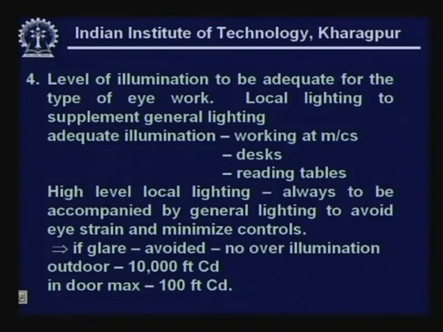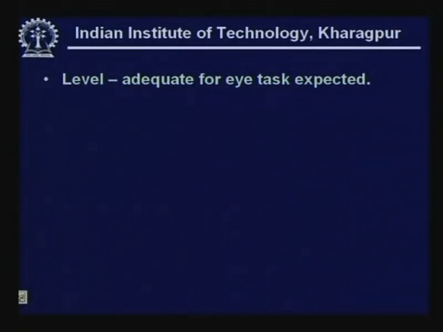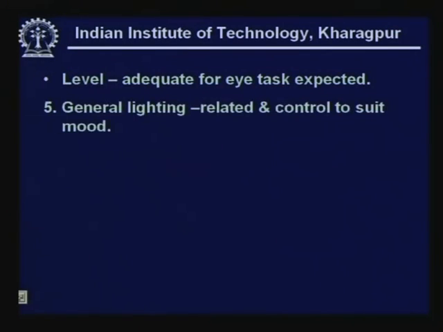So, we find that the recommendation is around 10,000 foot candle as the maxima for an outdoor application, whereas it is 100 foot candle for indoor. So, this is the sort of upper limit which we get. This level we say it should be adequate for eye task.